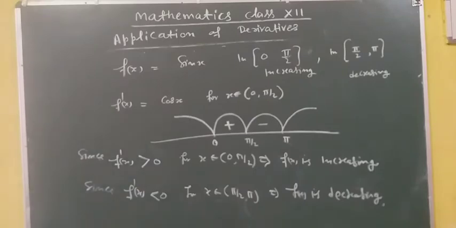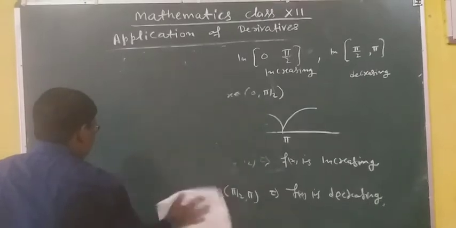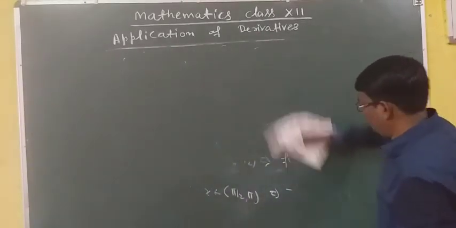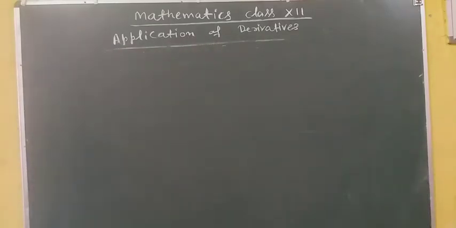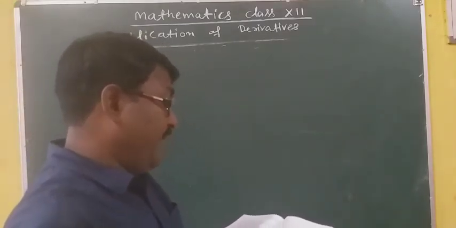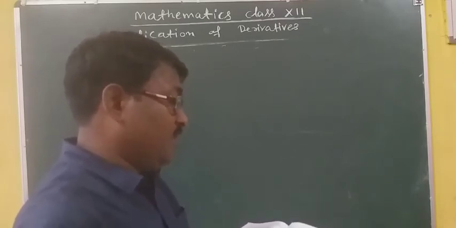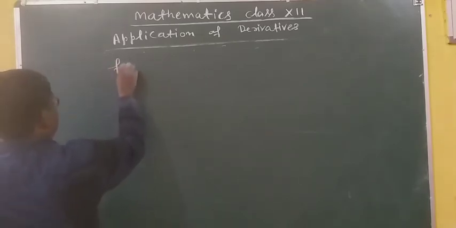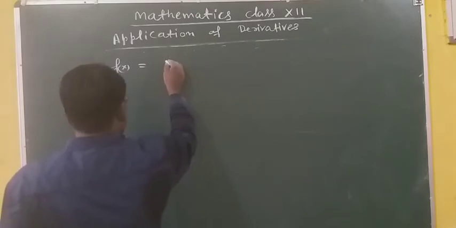Now one more question. Find the interval in which the following function is increasing or decreasing. Here f x is equal to x power 4 minus 2x square.